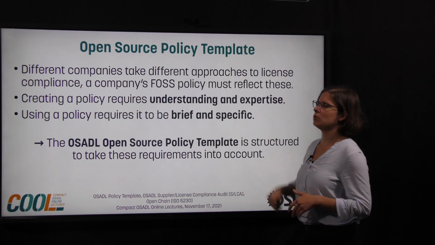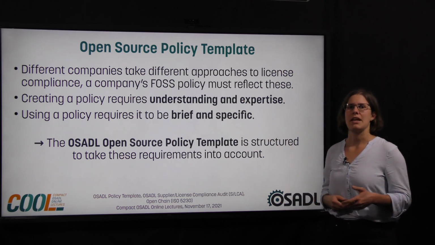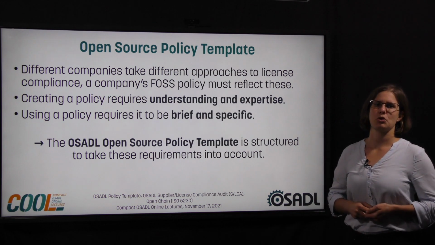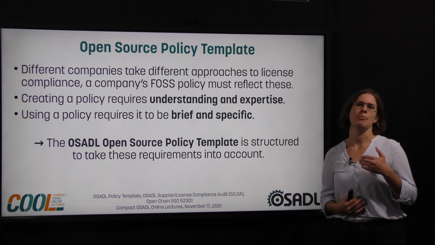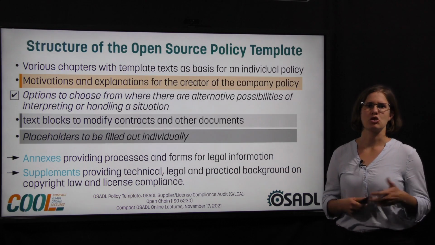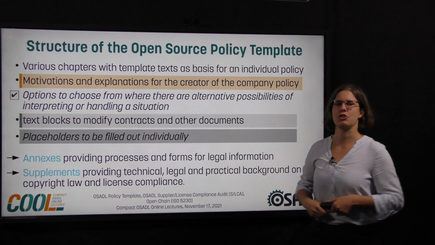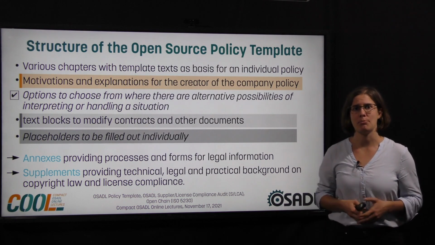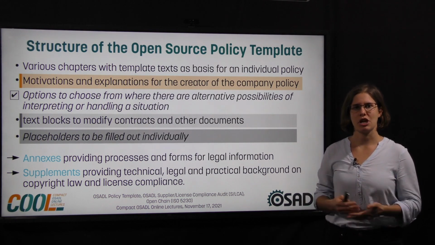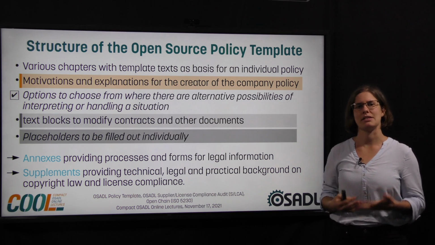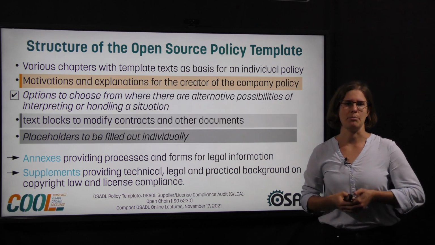These two requirements are taken into account by the OSADL open source policy template in the way that it is structured. This structure consists of, first of all, various chapters. That's the main part of the policy, with template text as basis for an individual company policy.